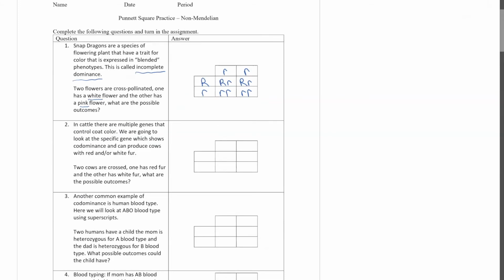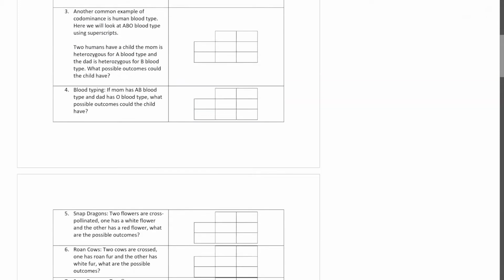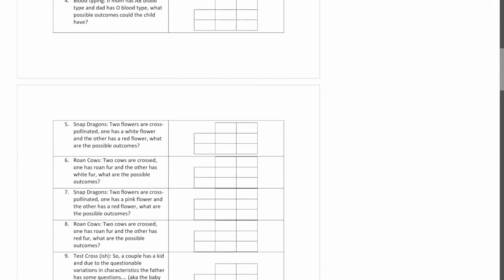So let's look at another problem. We'll go down here to number 5. On number 5, you've got two flowers that are cross-pollinated. One has a white flower, which is little r. Remember from the last video that the lowercase r is the recessive gene, and we use the first letter of the dominant gene, capital R and lowercase r, for the allele abbreviations.